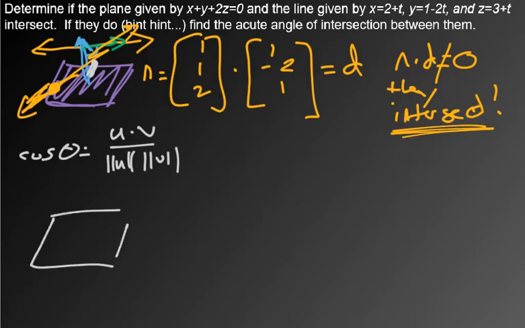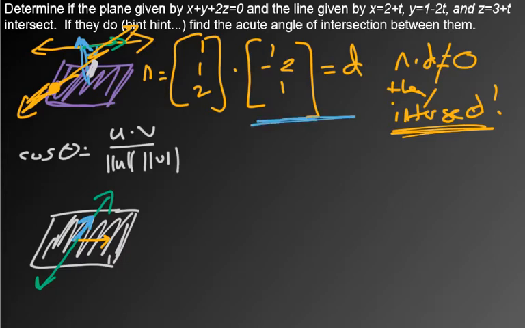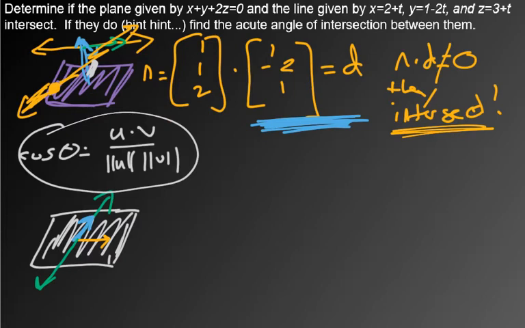If I draw another plane here, say that's my plane, I take u to be some direction vector in the plane, and my line is coming through the plane, there's some direction vector for that line, which we already have. That, again, is right up here, 1, -2, 1. We can just use those as my u and v in this formula and get the angle that way.